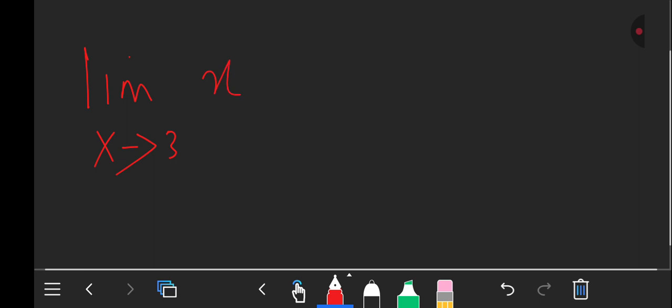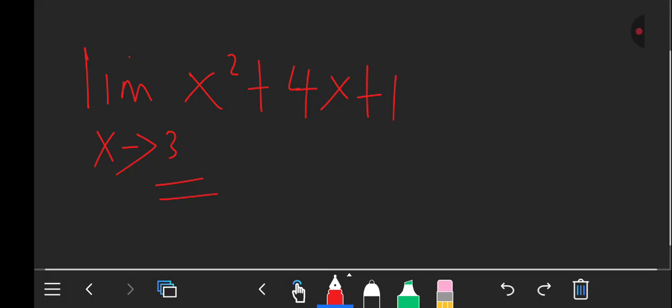Then you've been given a function, it be x squared plus 4x plus 1. This is a quadratic. Limit as x approaches 3. So for this certain equation, or limit rather, you can just substitute where there's x.